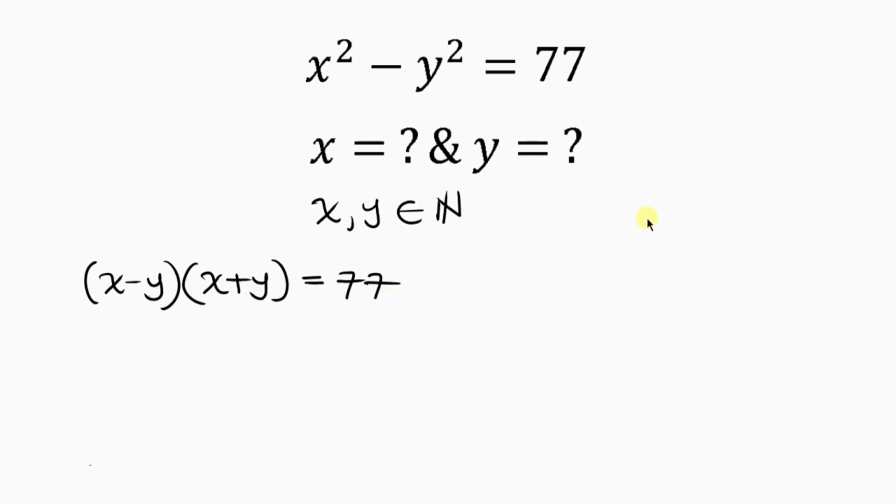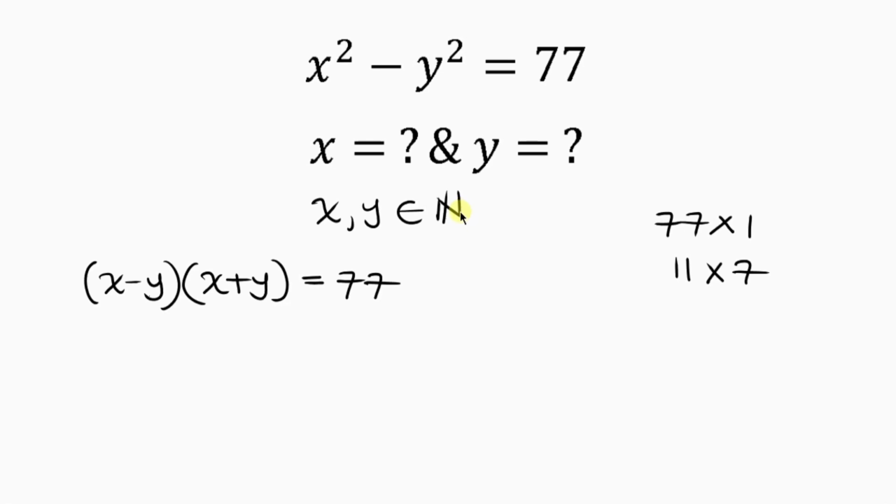That means our next step will be for us to write out the factors of 77. These are 77 times 1 and 11 times 7. Well, we're going to be focusing on the positive factors only because the condition is x and y are natural numbers.